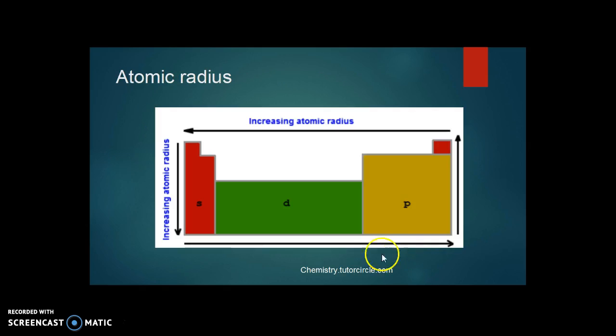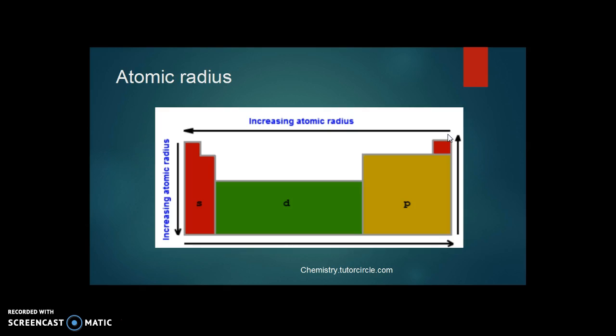So we expect, as we go from left to right in the periodic table, since the charge is increasing and the force is increasing, that the outer shell electrons will be pulled closer and closer to the nucleus. And indeed that is true.